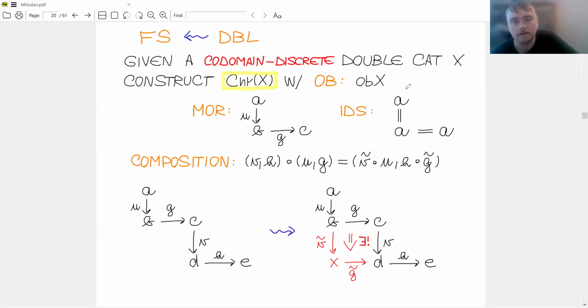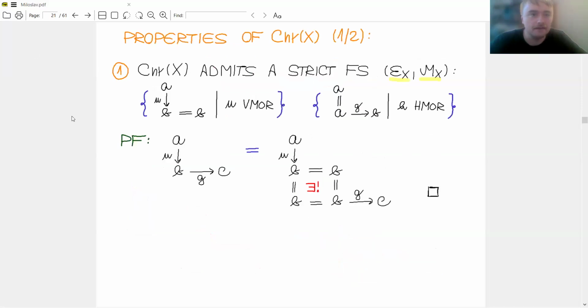In this category, the identity morphism is the corner that consists of two identities. And how does the composition work? Let's consider two corners like this. We look at this place, and this can be uniquely filled into a square by the definition of the double category. And the composition is you just take these two components. So that's your composition. And it's very easy to prove that it's a category and so on.